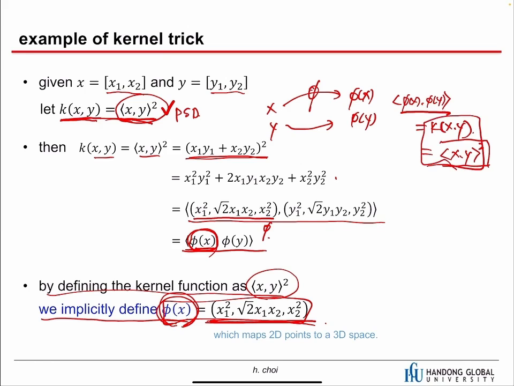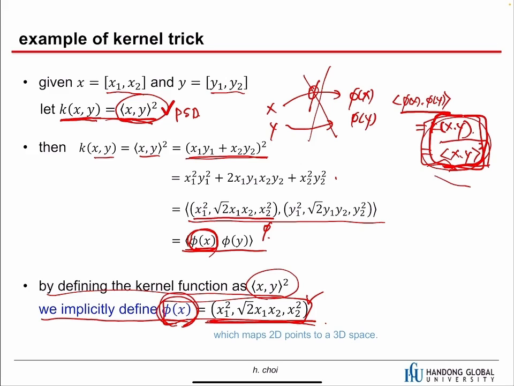But in practice, we actually define the kernel function first, and we don't think of these nonlinear functions. So this nonlinear function is used implicitly, and we don't actually derive the exact nonlinear function. In this slide, I'm just showing that if we have these positive definite kernel functions, then there is a nonlinear function. But in general, it's not necessary to see these nonlinear functions.